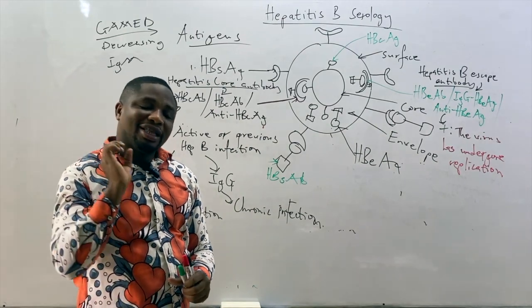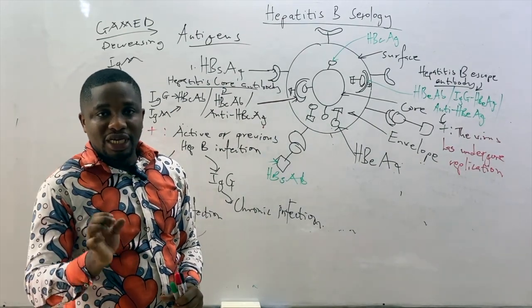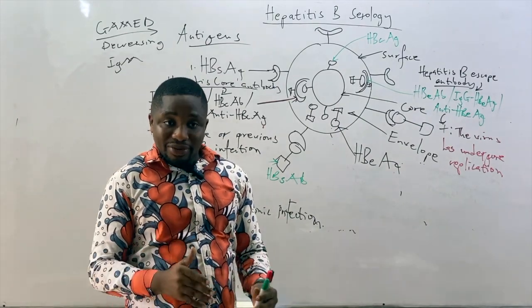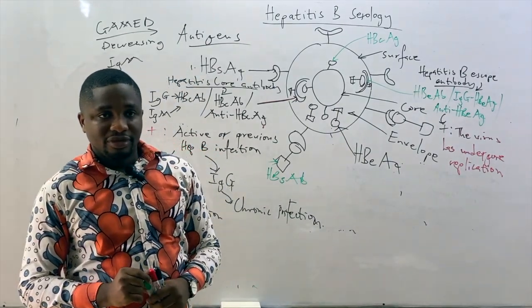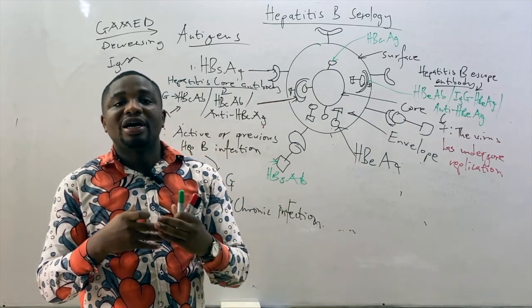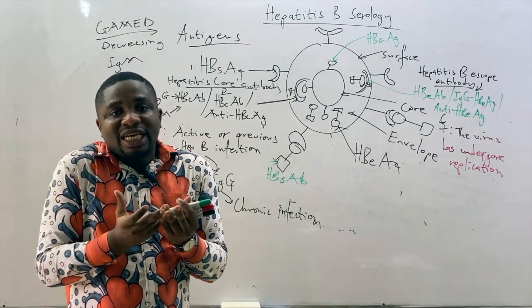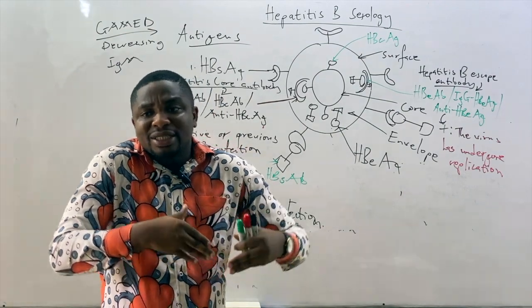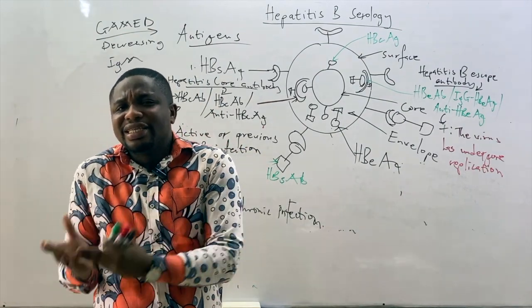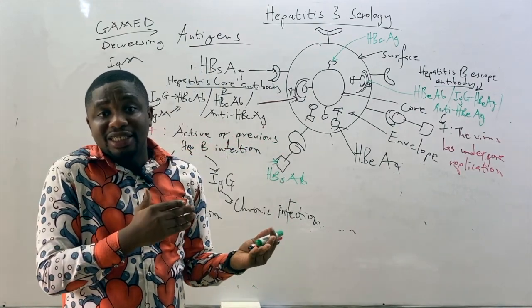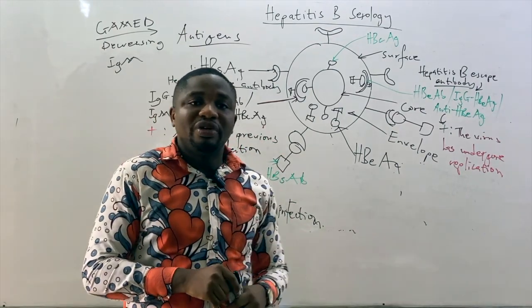Anytime hepatitis B core antibody is positive, it means the patient has had a hepatitis B infection, whether currently or previously. That is where we are able to distinguish whether a positive hepatitis B surface antibody indicates immunity due to vaccination or immunity due to previous infection.